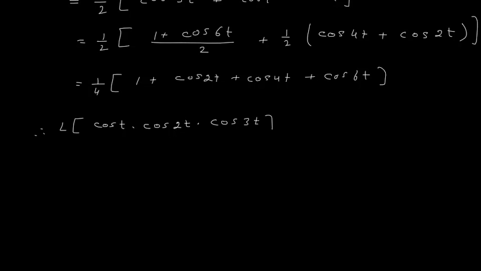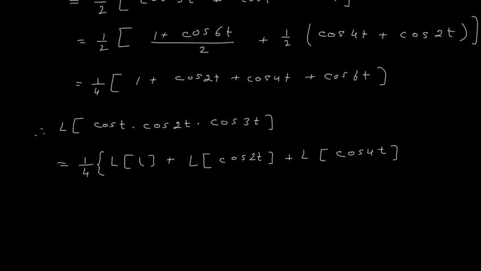Laplace of cos t, cos 2t, cos 3t is equal to 1 upon 4 we can take out, and inside we have Laplace of 1 plus Laplace of cos 2t plus Laplace of cos 4t plus Laplace of cos 6t, then I will close this bracket.